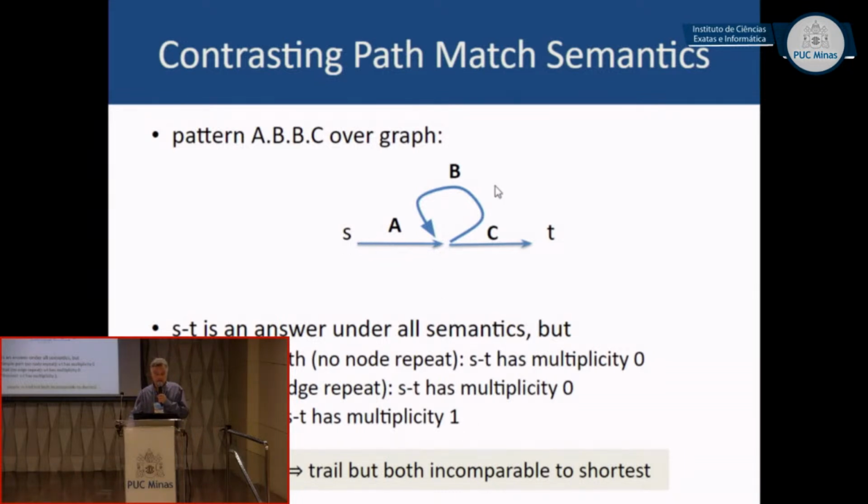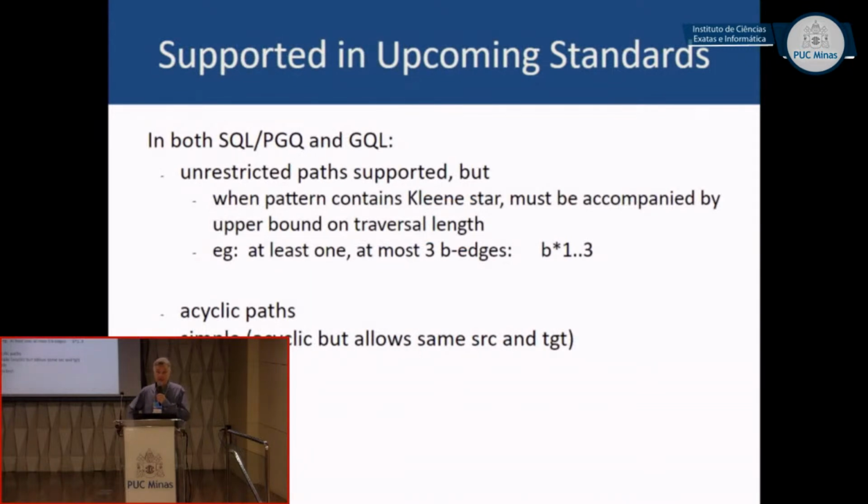I would just go around this cycle once for the first B edge, then around it again for the second B edge, and then I continue to T. This satisfies my constraints on the shape of the pattern, and this would be the shortest, so it would come out with multiplicity 1. Okay, so these semantics are not quite comparable, and for that reason, the upcoming standards support all of the following.